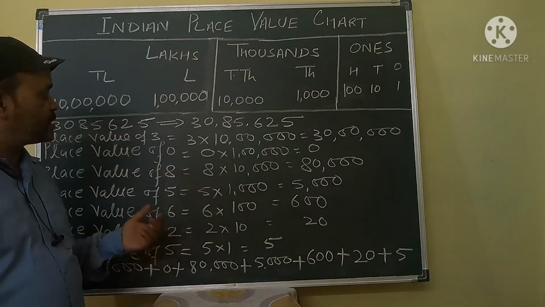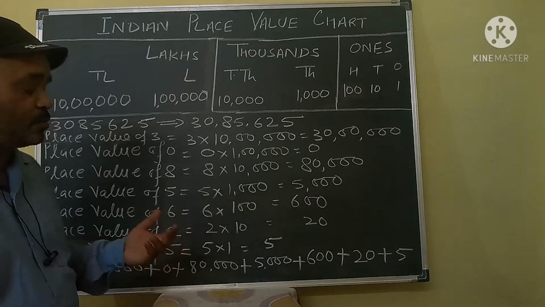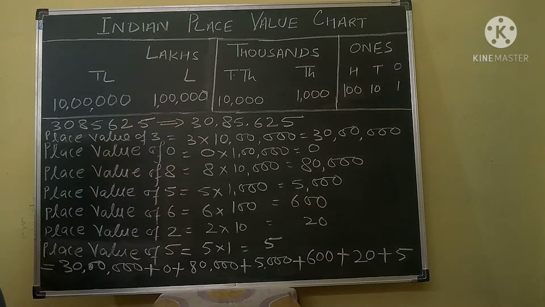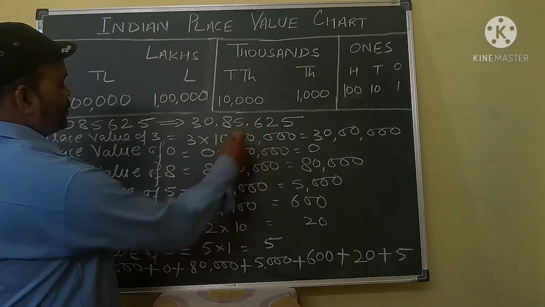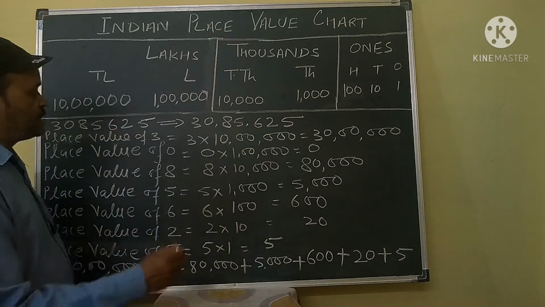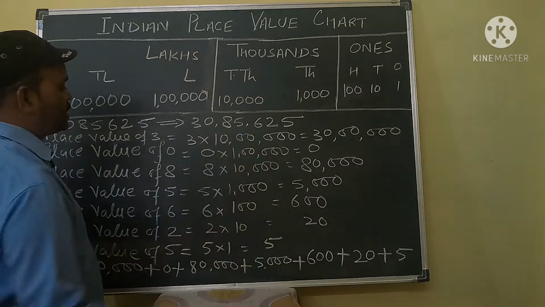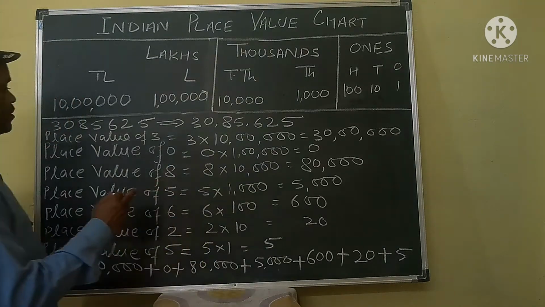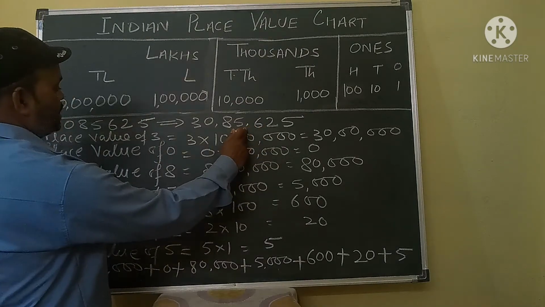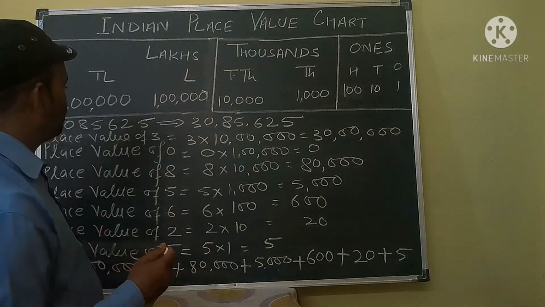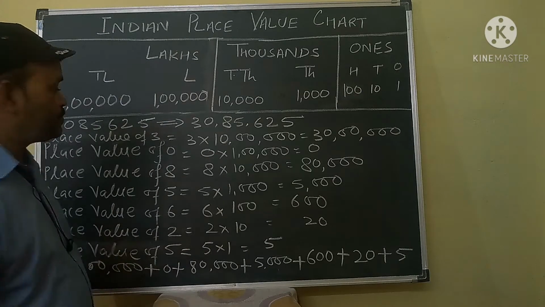Okay. So my dear students, first what will you do? First we will put the commas according to the Indian place value system. As you know very well, the first comma will be after 3 digits, the next comma after 2 digits, and the next comma after 2 digits, according to the Indian place value system.